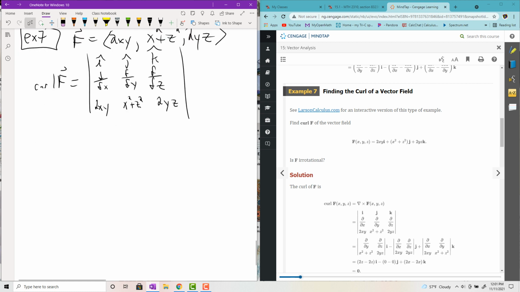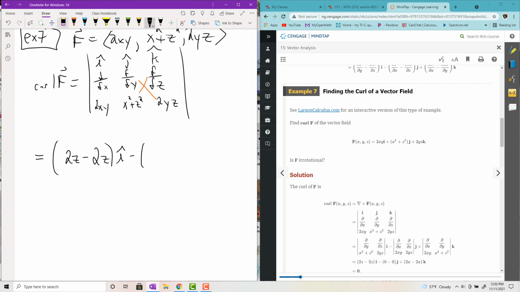The first component, covering up the first column, is the partial with respect to y of 2yz, so you get 2z, minus the partial with respect to z of x squared plus z squared, which is 2z. So that ends up being 0.